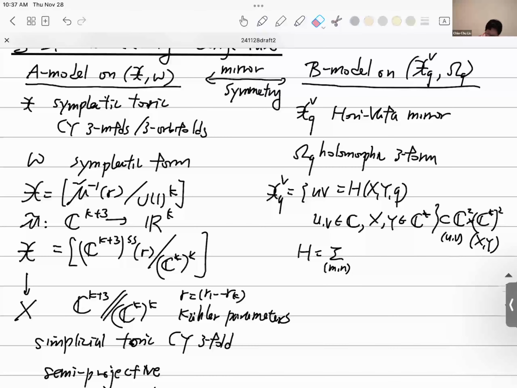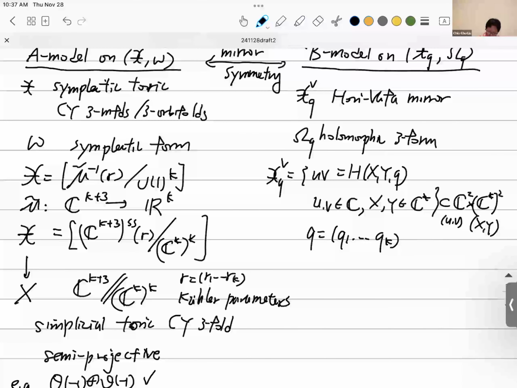Maybe let me say more later. The number of complex parameters is equal to the number of scalar parameters.